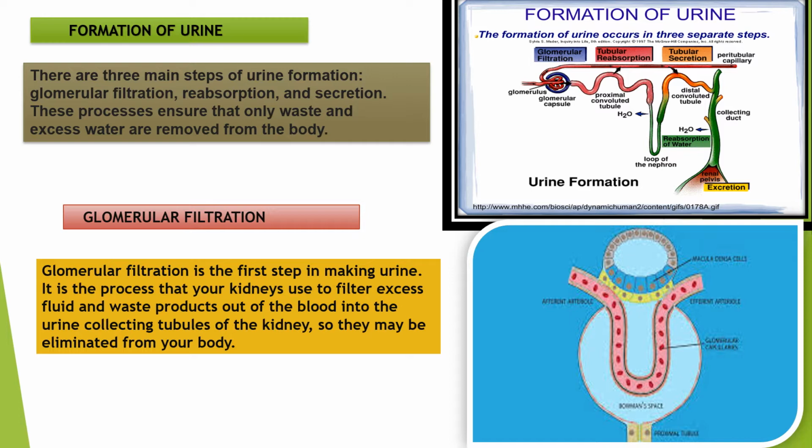You can see by dotted structure, it has been shown in the diagram that blood is getting in the glomerulus, and after filtration it is going out from the glomerulus. So afferent arteriole involves the blood to get in to the glomerulus, and through efferent arteriole it will go out.